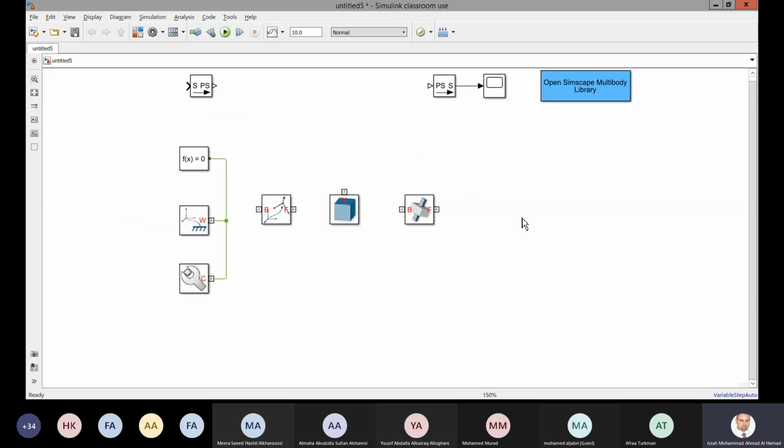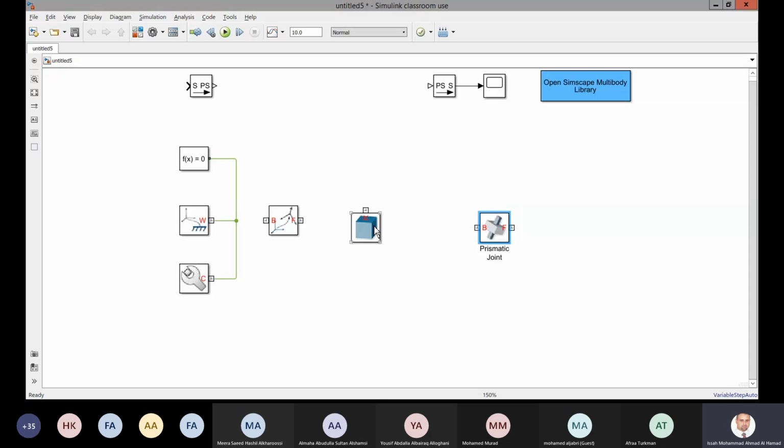Okay. Let me connect. I connected these together.